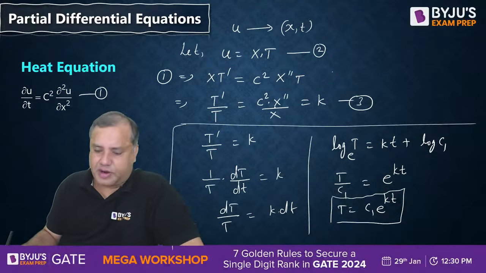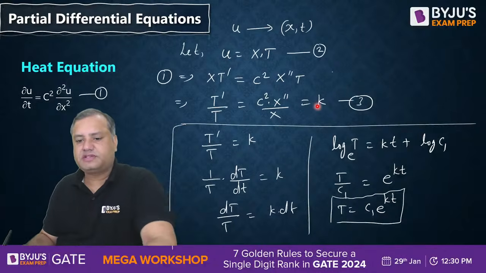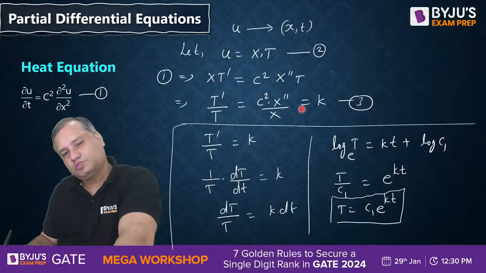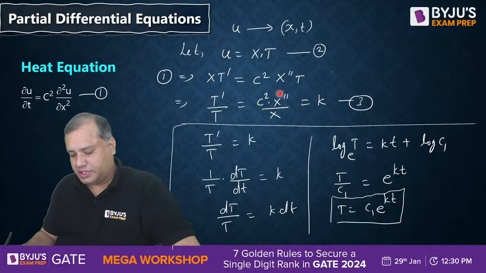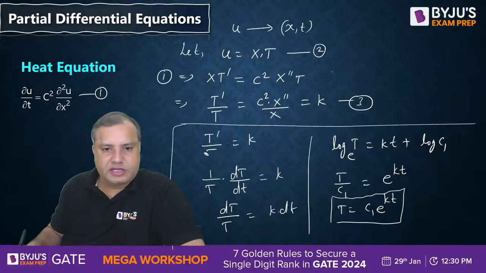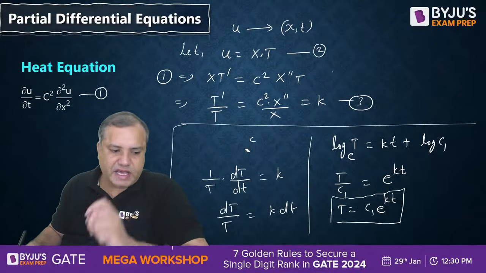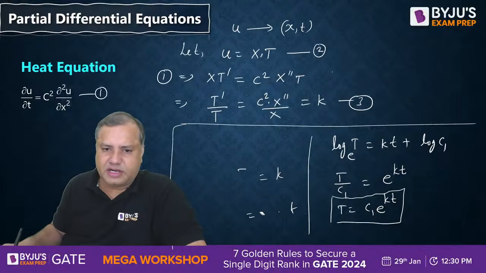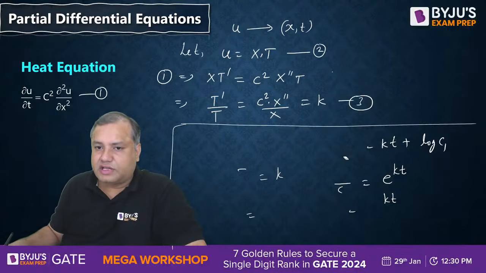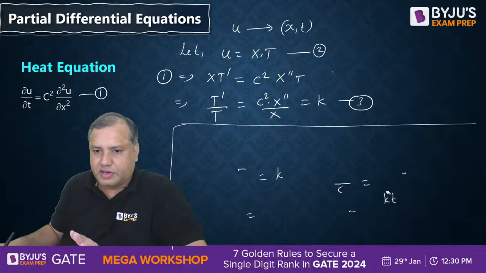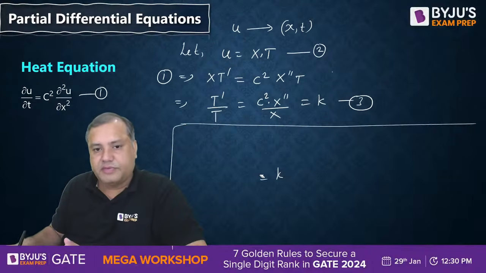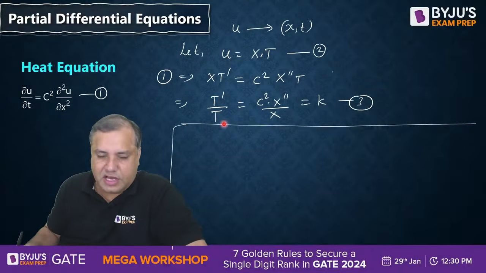Now see the another part. c square x double dash upon x equal to k. Do one thing. Just a moment. Nothing wrong in this, but to match the exact solution, I'm doing a little change here. To get the exact format mentioned in the bookish language, I'm just bringing this.